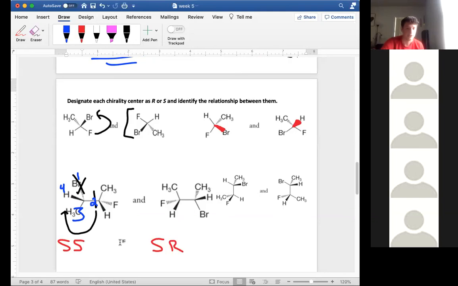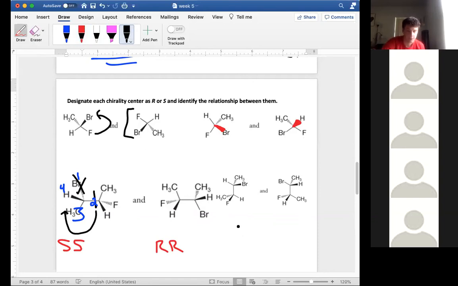No, so it's a diastereomer. If you have all of them changed, then it would be an enantiomer. And it doesn't matter, you could have 4 carbons for all they care.